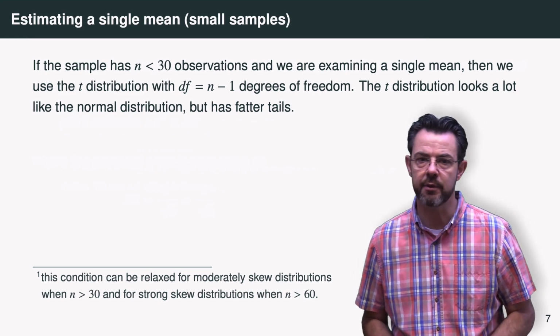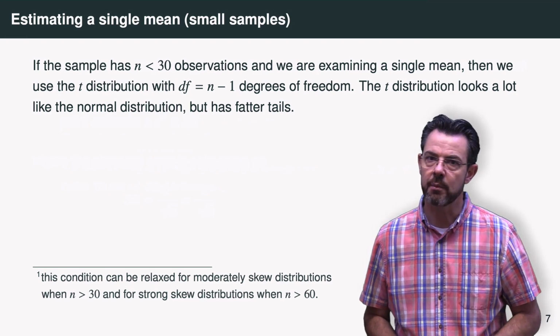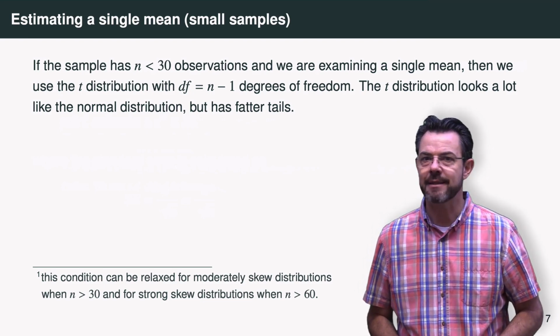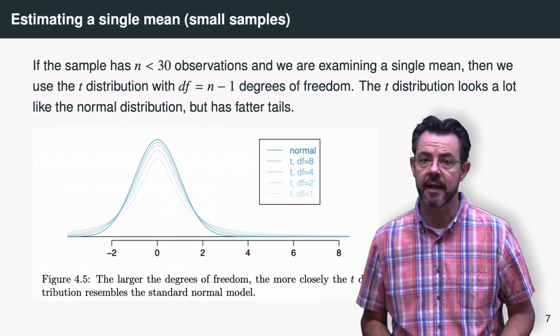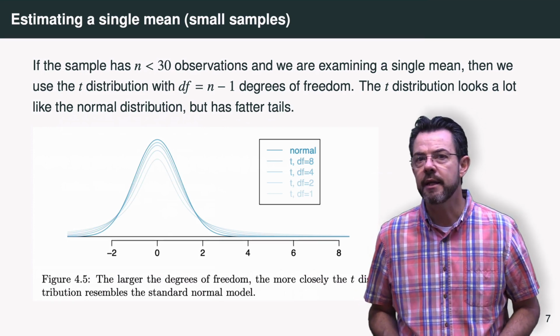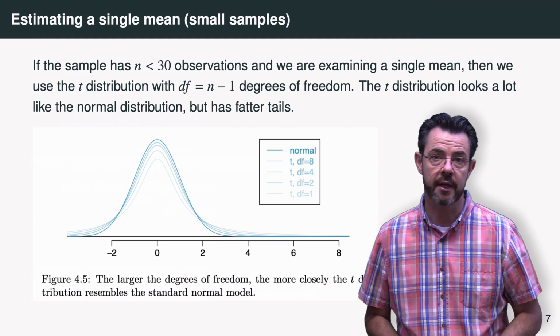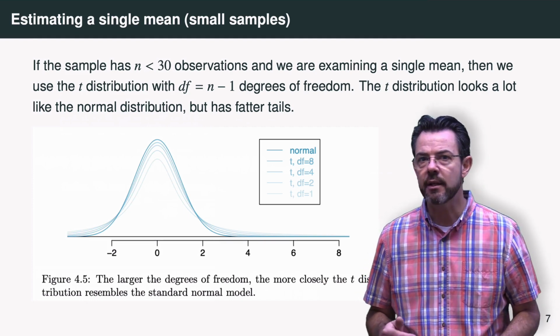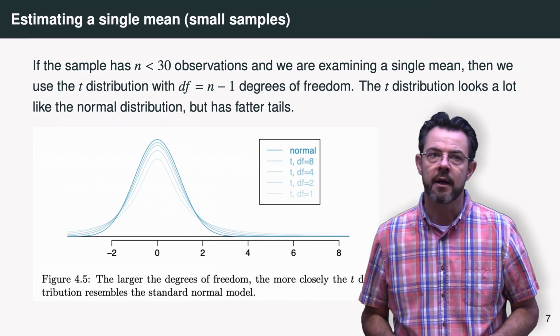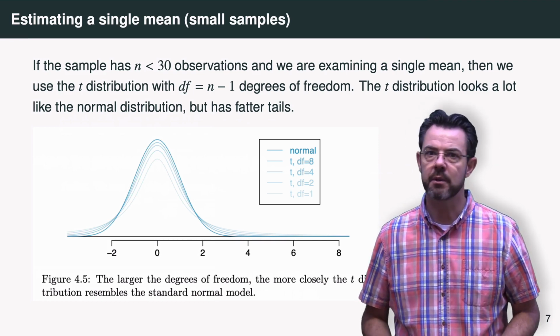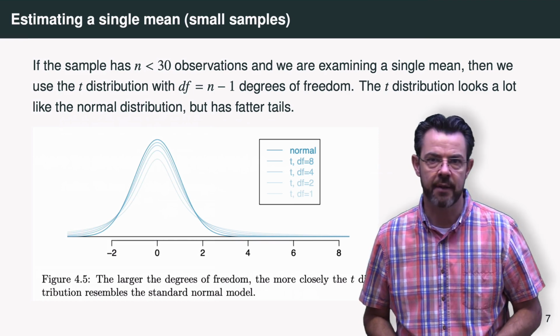So the t-distribution looks a lot like the normal distribution, but it has fatter tails. So in the book, in figure 4.5, you actually get a nice illustration showing the t-distribution for different degrees of freedom. And you will see that as you move towards roughly about n equals 30, the t-distribution and the normal distribution are pretty much the same thing.